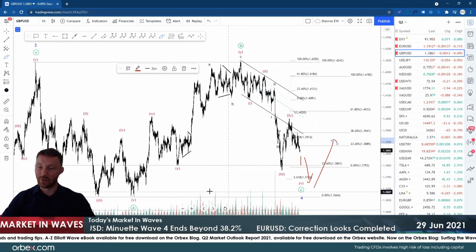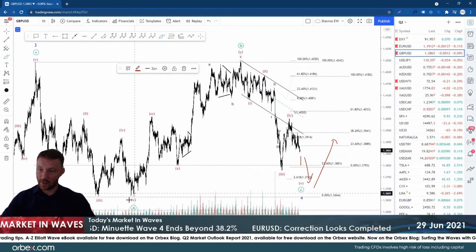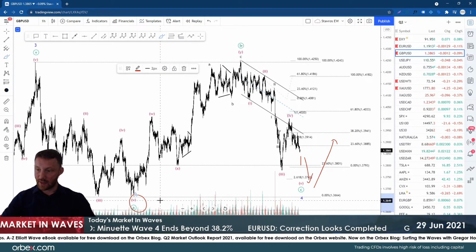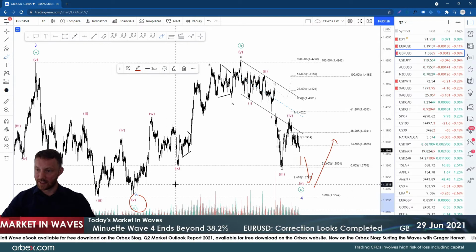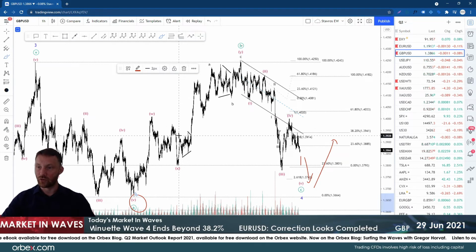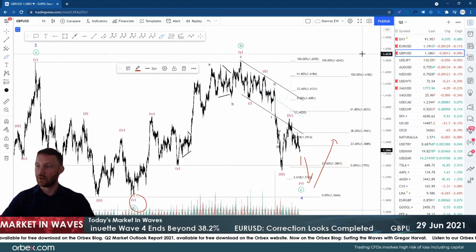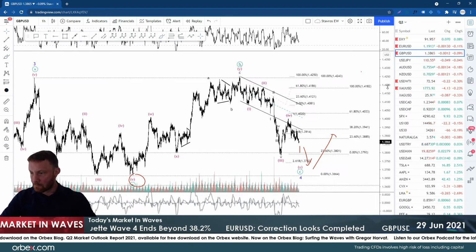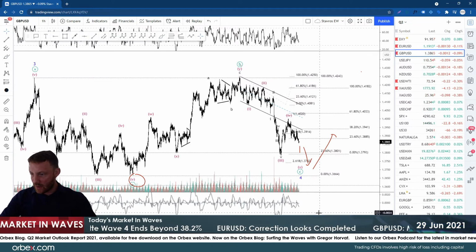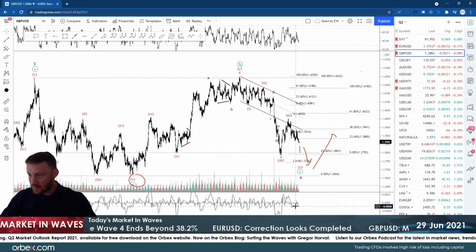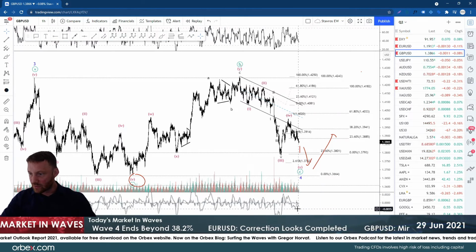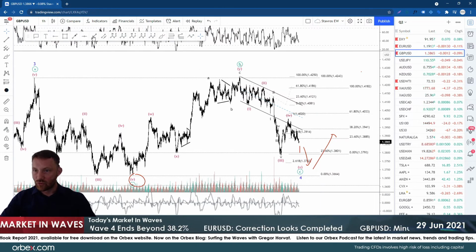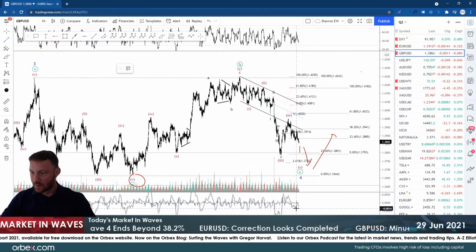But it could be that my minor wave 4 has already completed, and if that's the case, then I'll just be looking to see what the alternatives are in the next few trading sessions as well. Looking at divergences as well, you could say that we did have a small signal at the most recent point here.